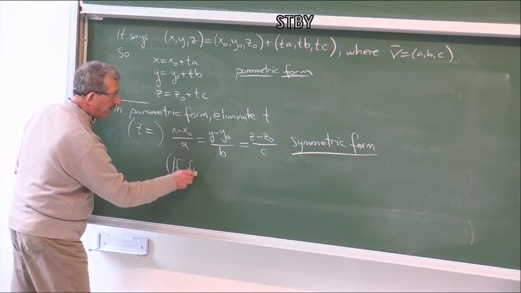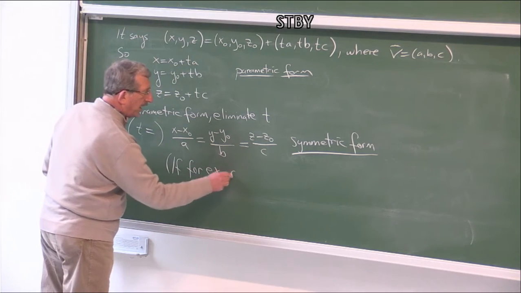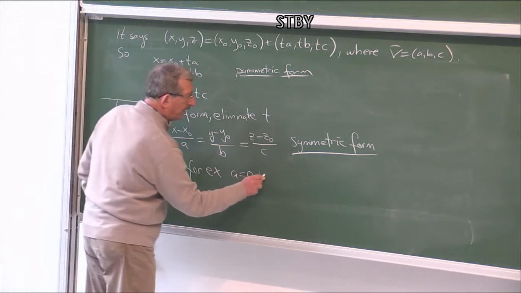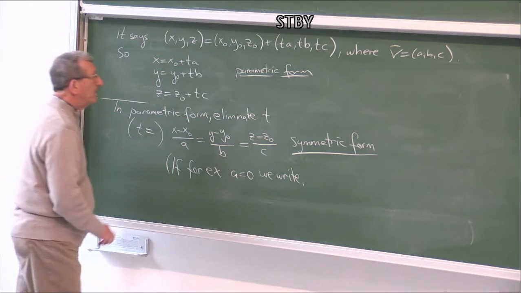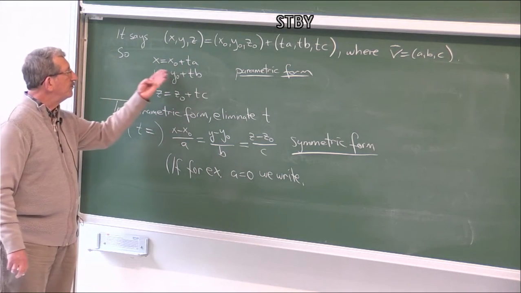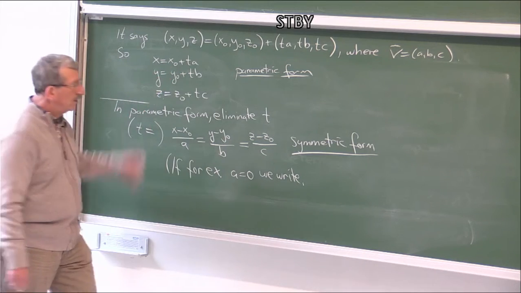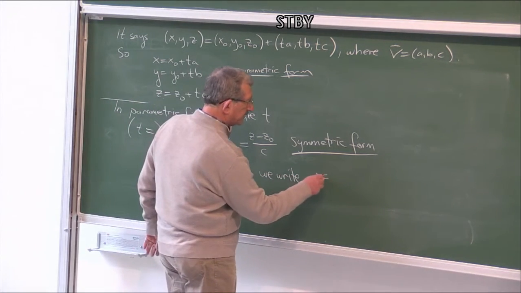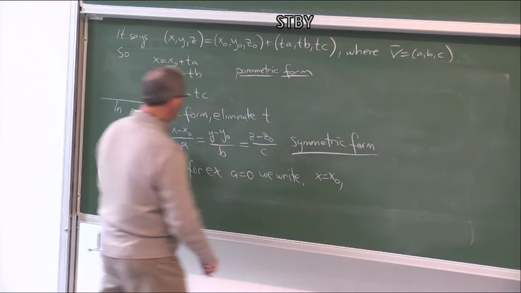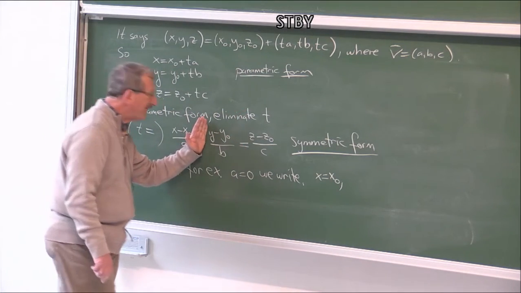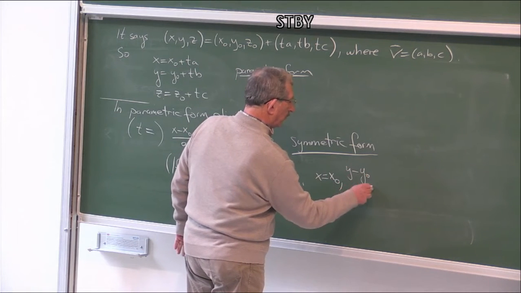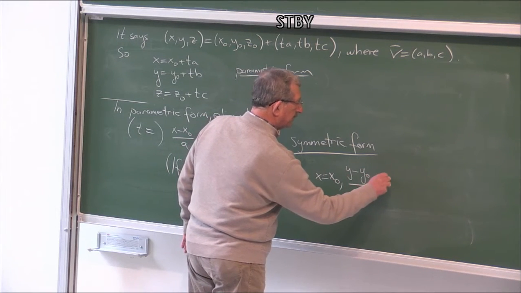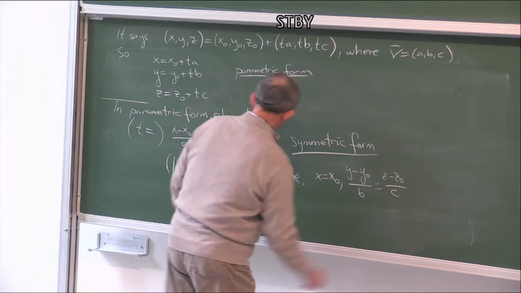If, for example, A is 0, clearly it means x is equal to x0. So we write x is x0, and we have the same equation, valid still, y minus y0 over b is z minus z0 over c, and so on.